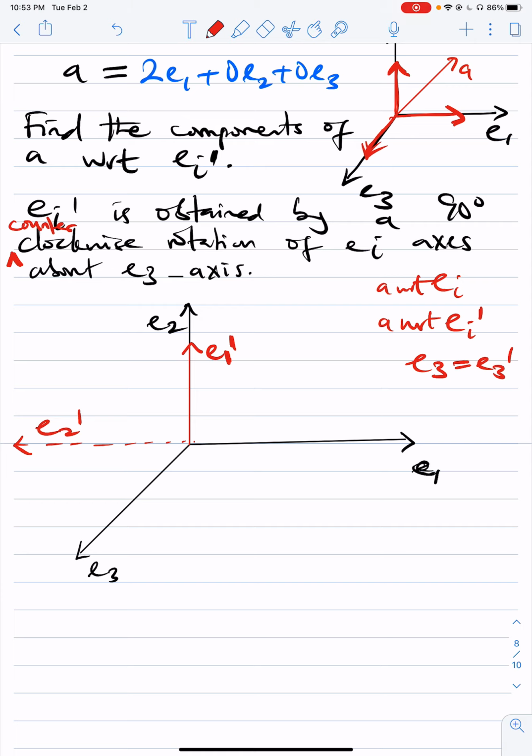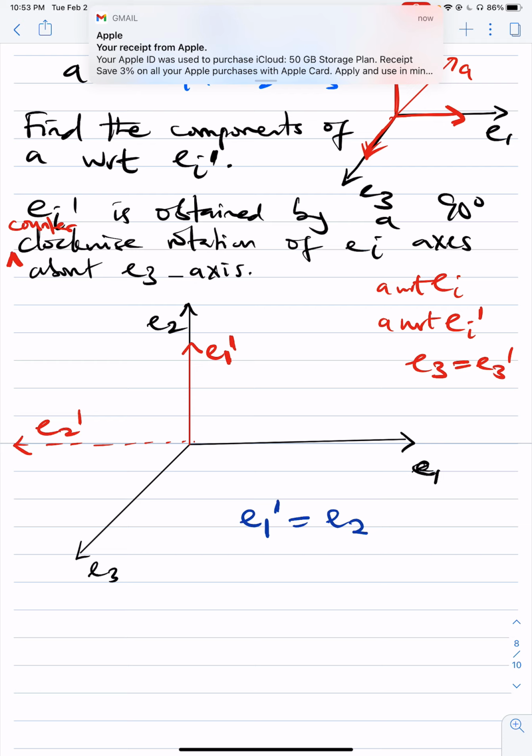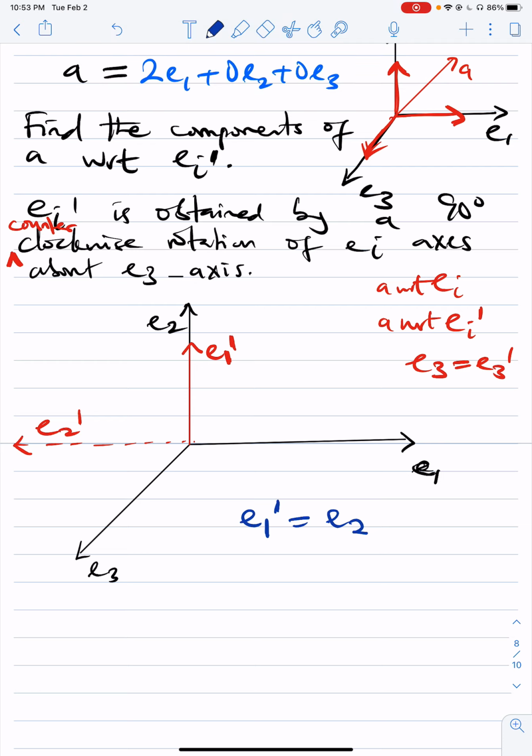Now if you look at this very closely, E1 has moved to this position, right? So E1 prime is now E2, right? That's clear.